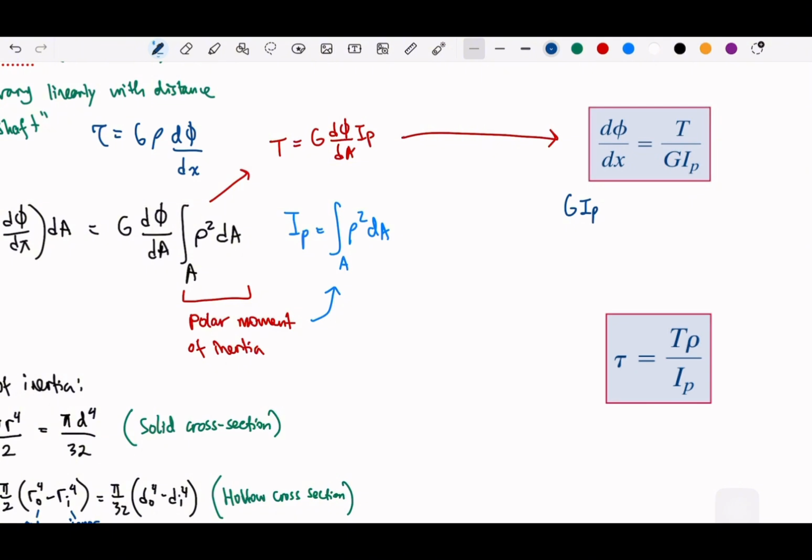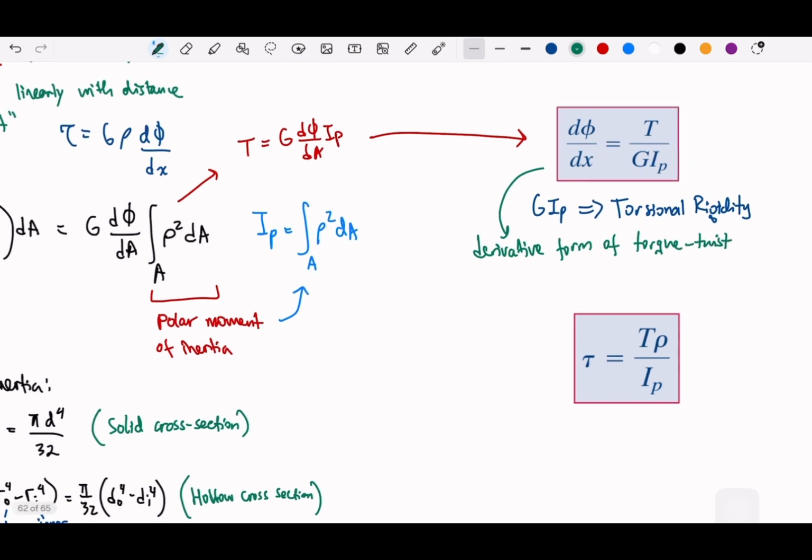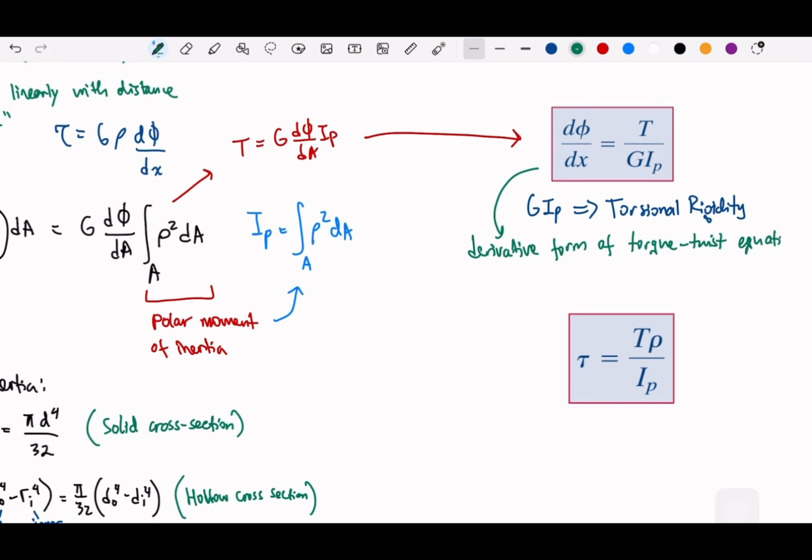G I_P is what we call the torsional rigidity. So this is the derivative form of the torque twist equation.